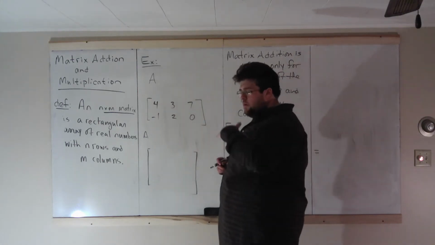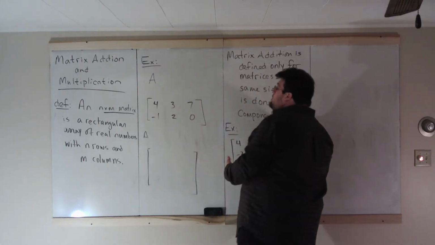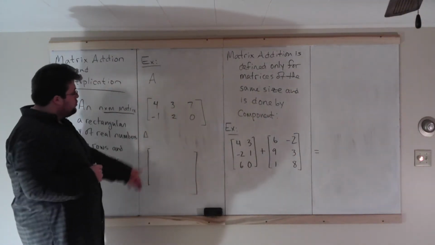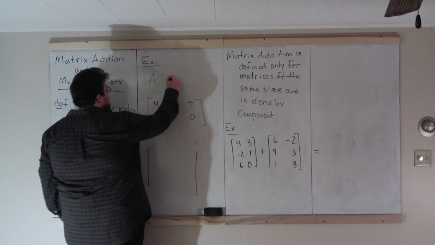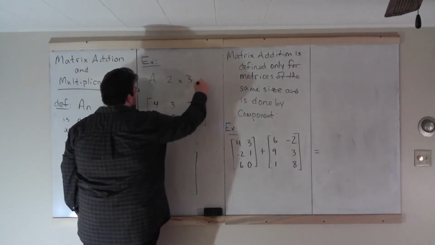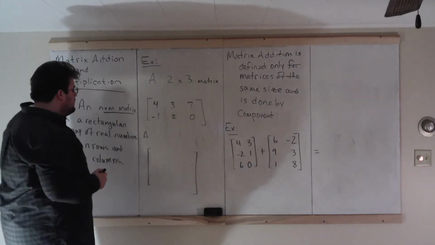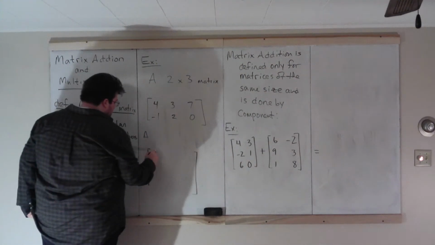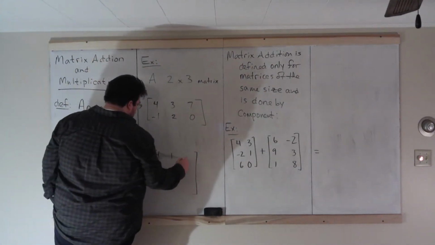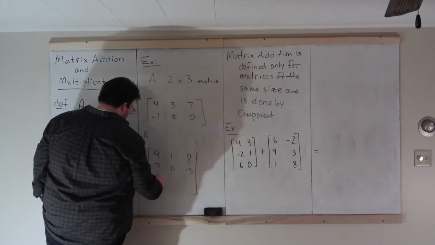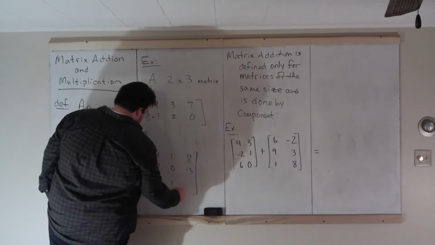Rows are the things going horizontally. 2 rows, how many columns? 1, 2, 3. So right here, we have a 2 by 3 matrix. Let's make another. 4, 1, 8, negative 3, 0, 7, 3, 1, negative 3.